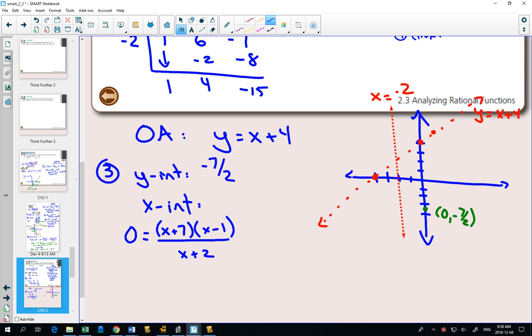When is my numerator equal to 0? And this is why it's really nice to factor it. Can you see that it's equal to 0 at -7? Can you also see that it's going to be equal to 0 at 1? So we can label -7, 0 and 1, 0.